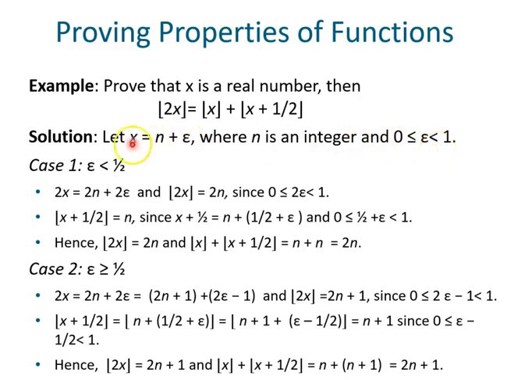It is clear that any x can be written like that. And we consider two cases for epsilon: epsilon less than 1/2, or in the other case, epsilon is greater than or equal to 1/2, so it will be from 1/2 to 1 in the second case.